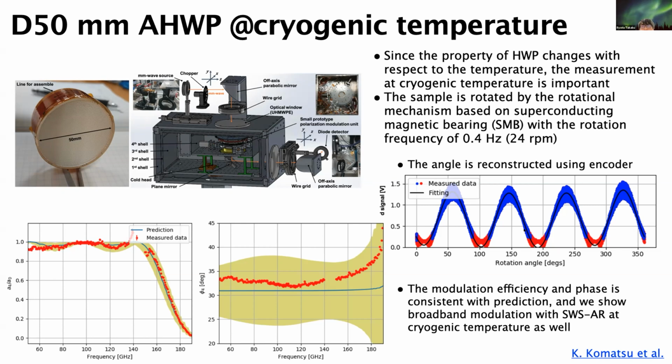So this measurement has important information to evaluate the rotational mechanism. If you look at the modulation efficiency and phase, the measurement is consistent with the prediction. So from this result, our calculation method can be used even for other cryogenic temperatures.